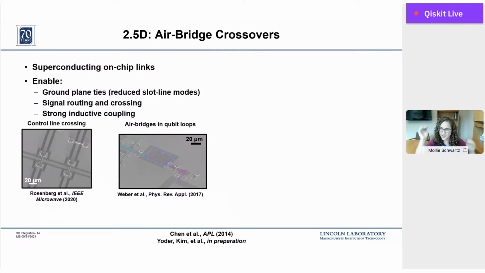So before we go to full 3D integration, I want to highlight a 2.5 dimensional feature, which is an on-chip feature, which is superconducting airbridge crossovers.